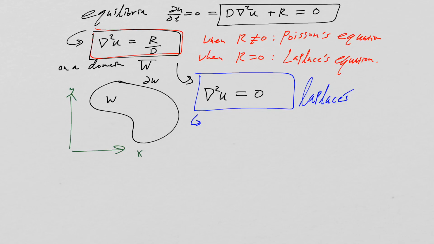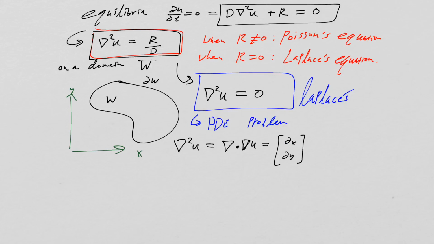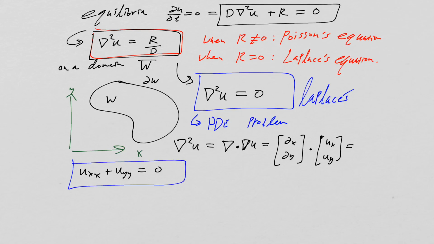Okay, so it's a PDE problem. And we should probably study more about this Laplacian. We said it was grad dot grad u. We can write that as follows, and we end up getting uxx plus uyy is equal to 0. So that's probably the more explicit way of writing Laplace's.